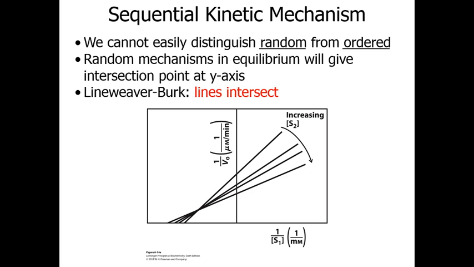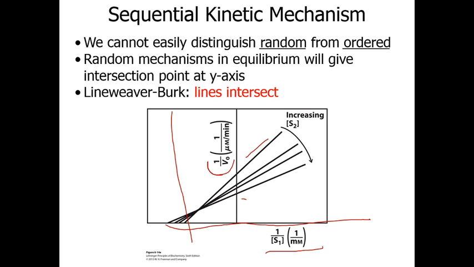Shown here is a Lineweaver-Burk plot, or an inverse plot, 1 over S versus 1 over V. And you can see these lines, and you know what this intersection means, right? The slope means Km over Vmax, the intercept means 1 over Vmax, and so on.